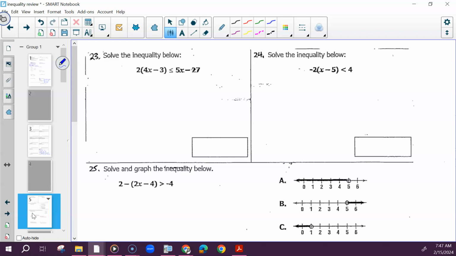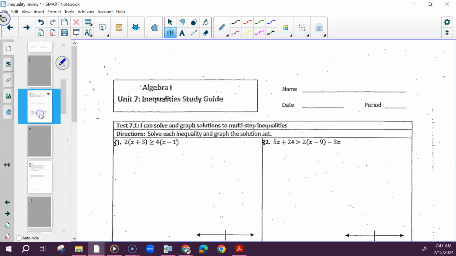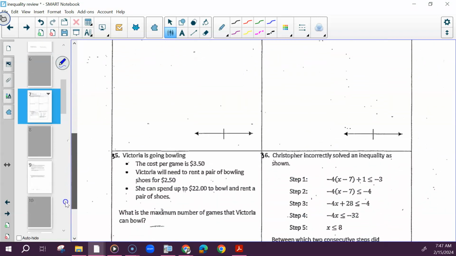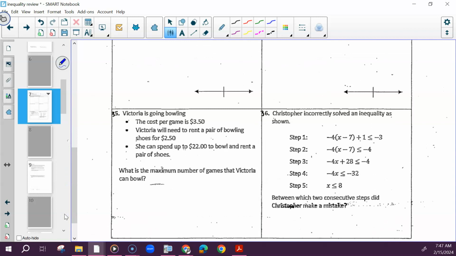Go on to page 4. Questions on that page? Is it 35?